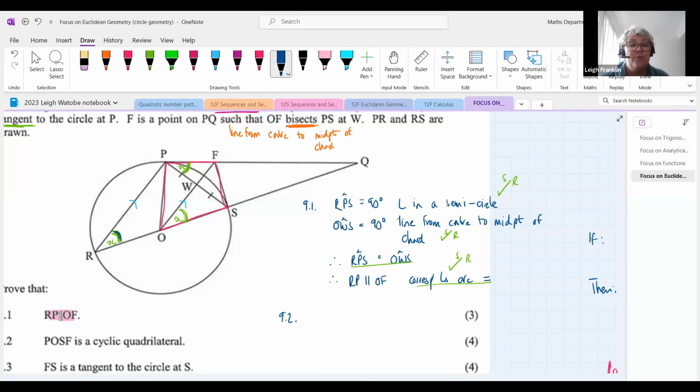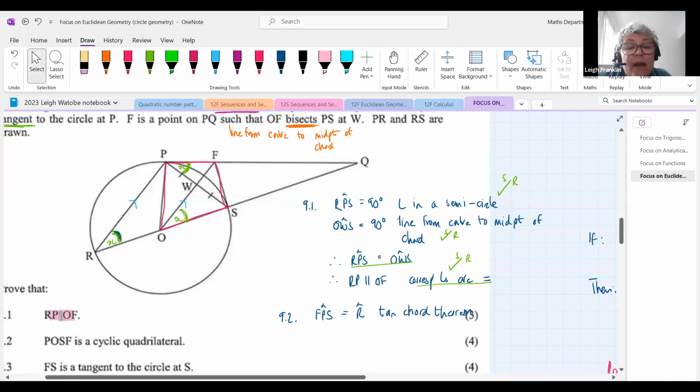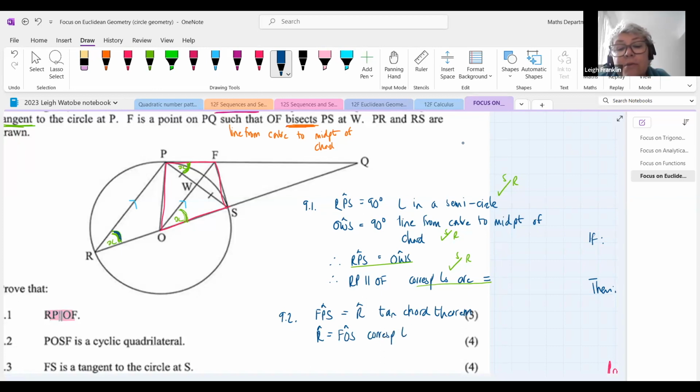Now let's put that down. Okay, so we're going to say angle FPS equals R, tan chord theorem. Then we're going to say that angle R equals angle FOS because of corresponding angles, RP parallel to OF.